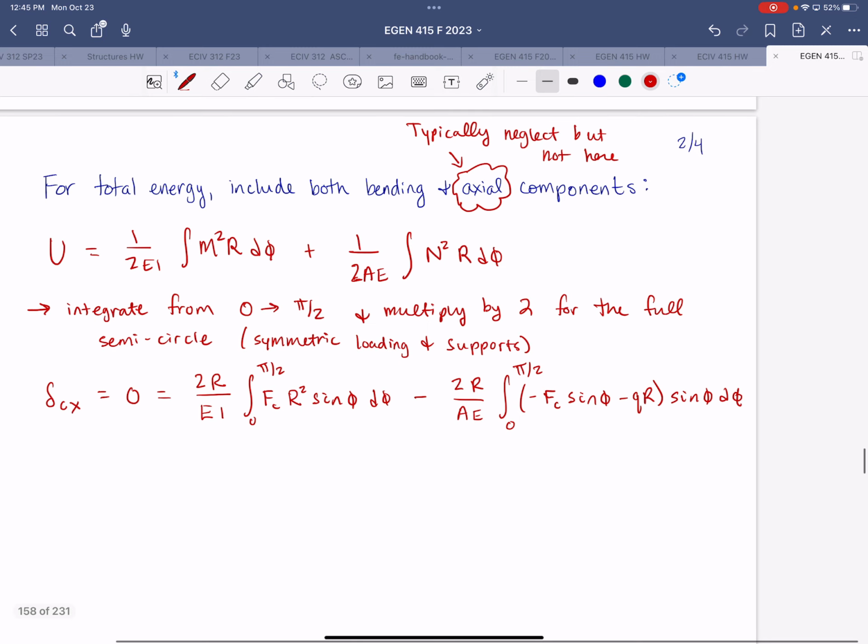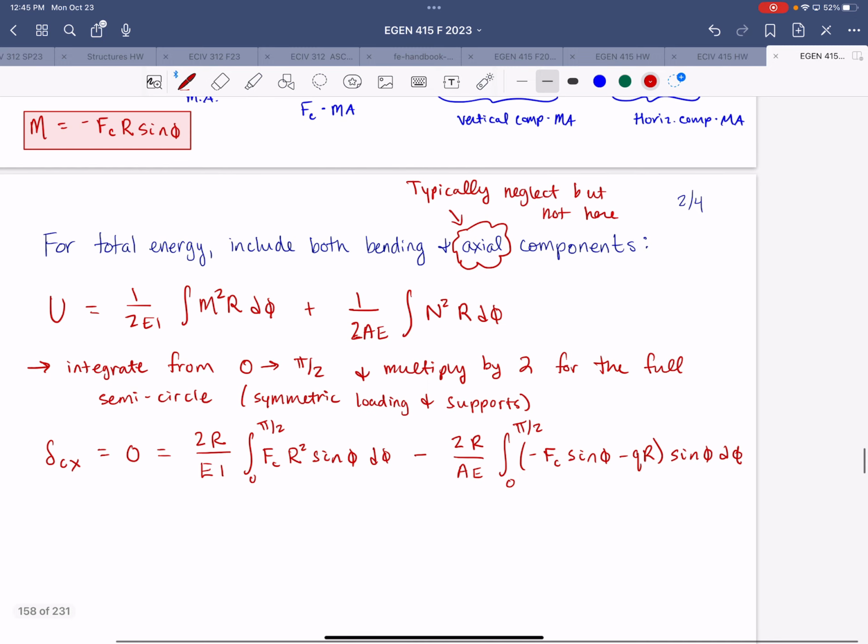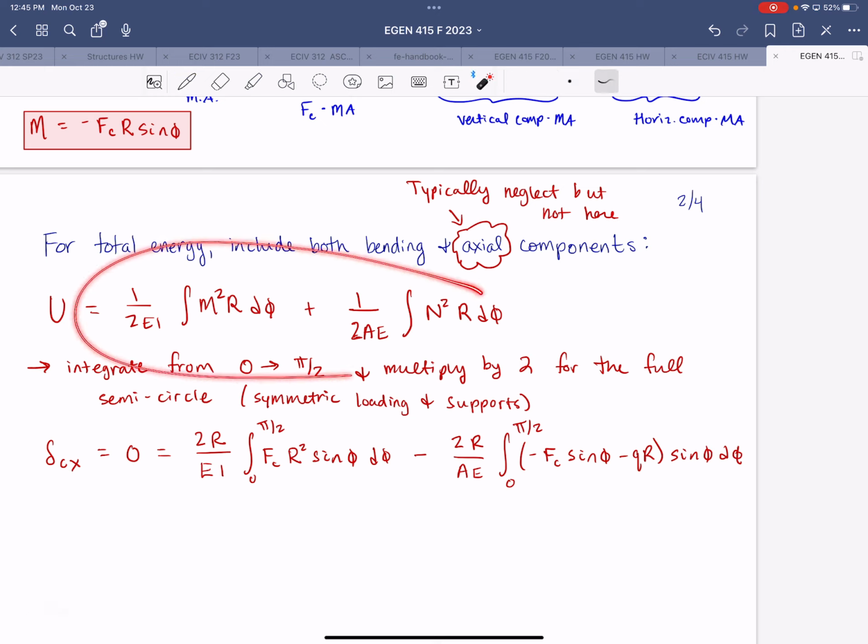Is our n term not squared? Oh, thank you for asking. So this is the original form for strain energy. The modified Castigliano's theorem, and I should go ahead and write this down to connect those dots. Instead of squaring the m, we have m times the partial derivative of m with respect to the force, and similar for the n, right?